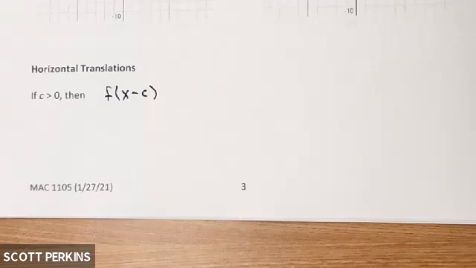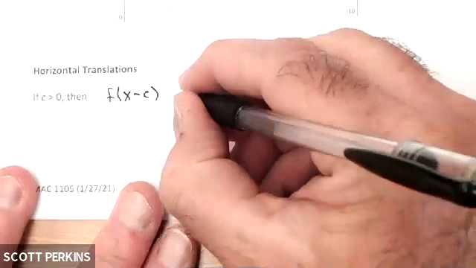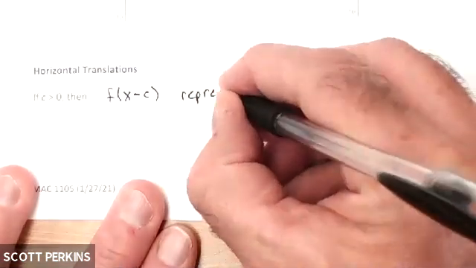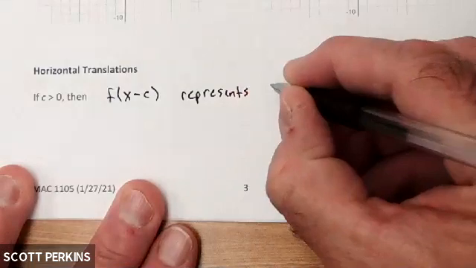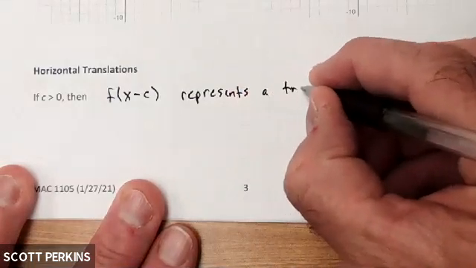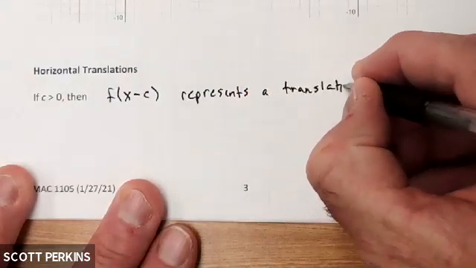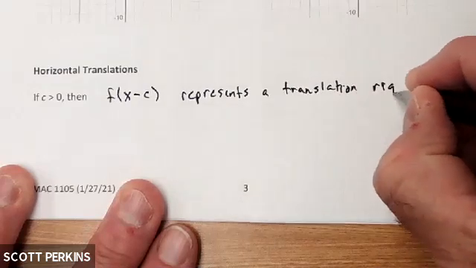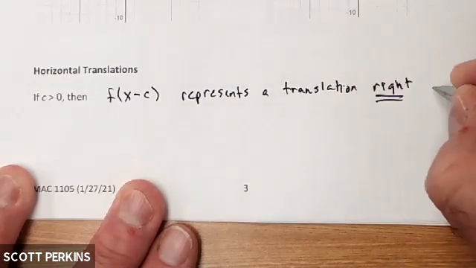That's how you know it's going to be a horizontal shift. The adding and subtracting is done directly to the x. But what you have to be careful of is f of x minus c represents a translation right c units.